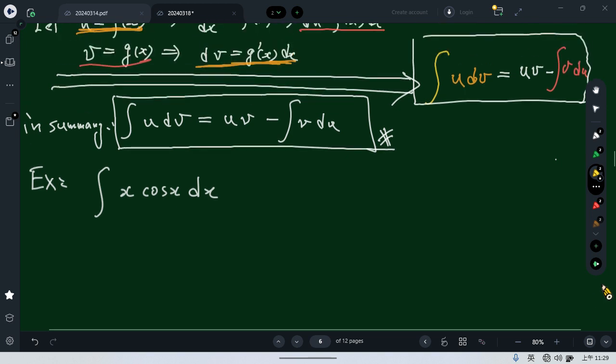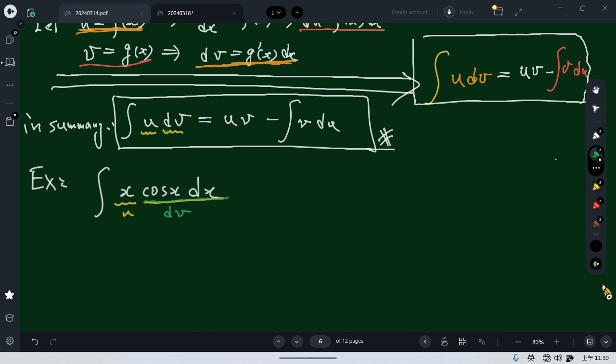In the beginning we need to find which one is u and which one is dv. You should assign that. For example, if I assign u as x, then the rest is dv, so we have a mapping that this is u and the rest is dv.